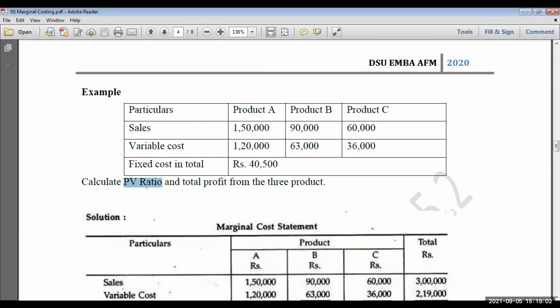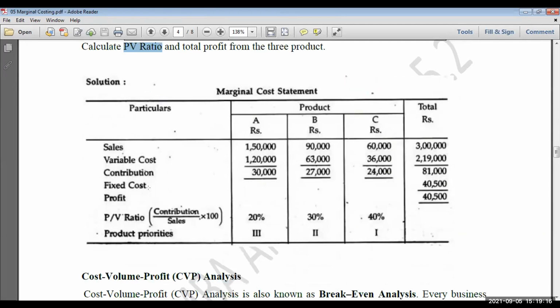PV ratio means profit volume ratio. How much contribution is there for sales of 100 rupees to contribute to my profit? That's it. Okay, so can we go with the calculation? Sales 1,50,000 for A, B 90,000, C 60,000. Total sales is 3 lakhs.